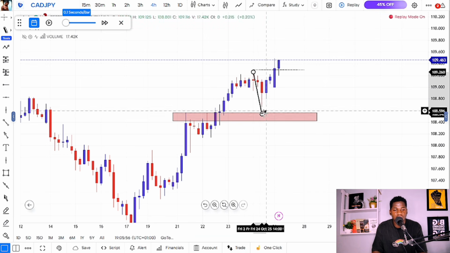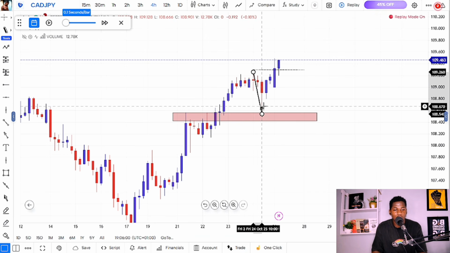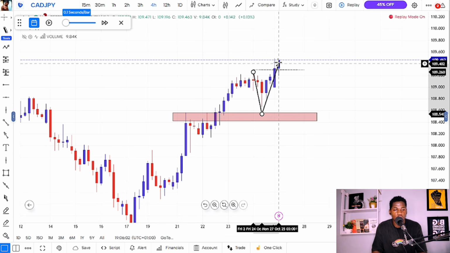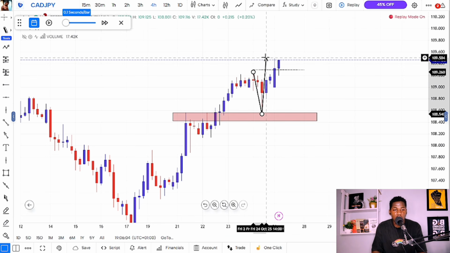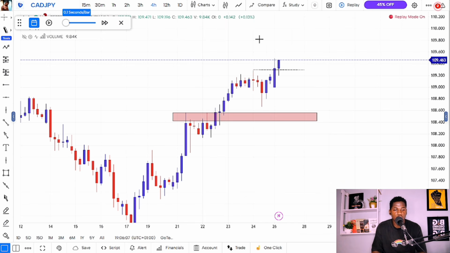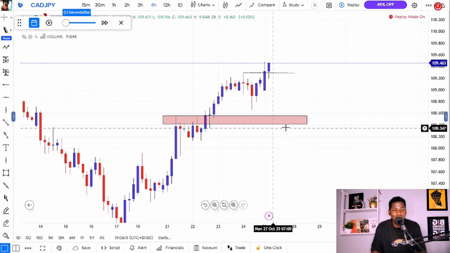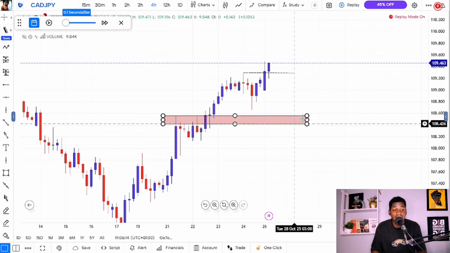But price fails to tap this level. Rather, you just come here, then just go up immediately. Now, immediately when price does something like this, at that point, that's where you need to pay interest in this level. This place will become your hidden supply and demand level.